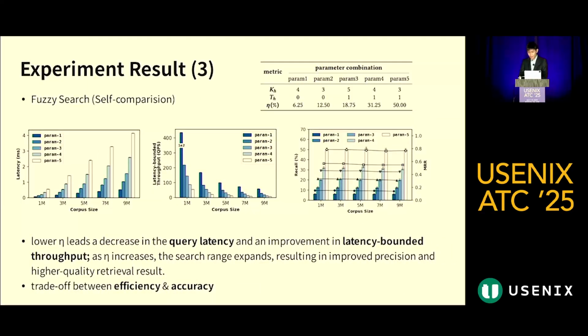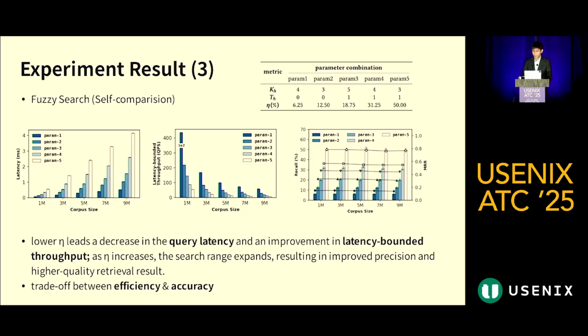We also study the LSH parameters: k, which represents the hash bits, th, which is the neighbor distance, and eta, which is the corpus reduction ratio. There's a trade-off here. Low eta leads to a decrease in the query latency and an improvement in latency-bounded throughput.